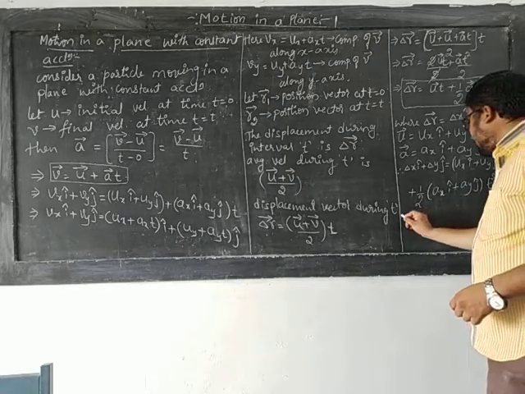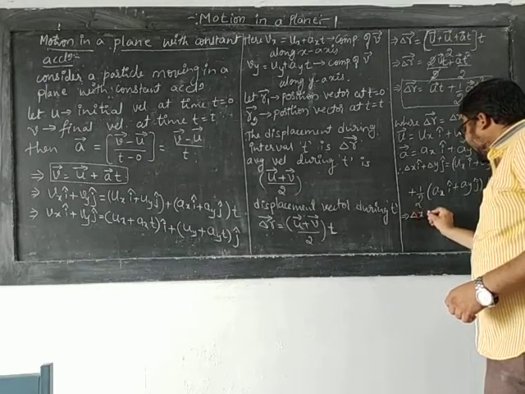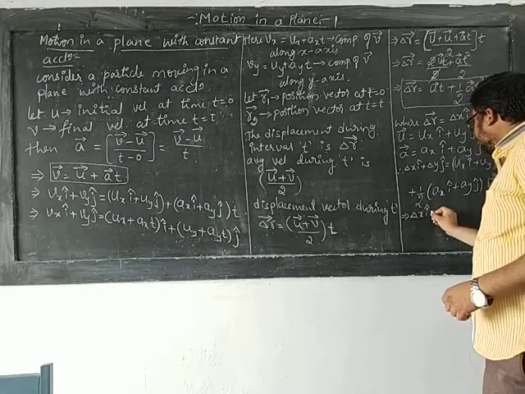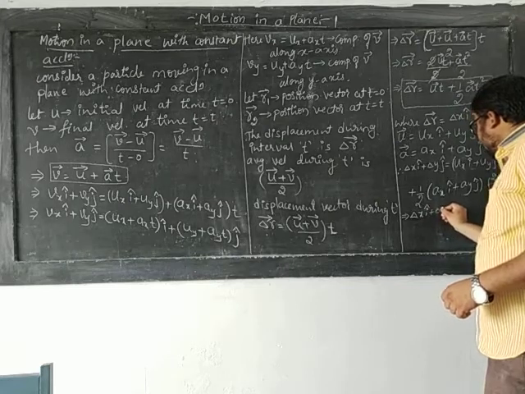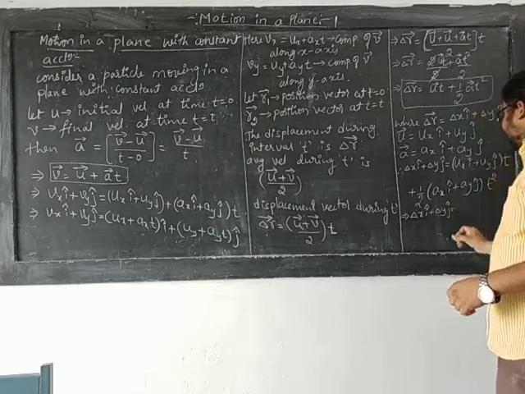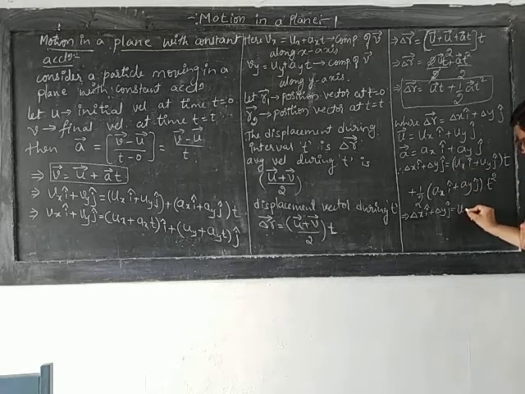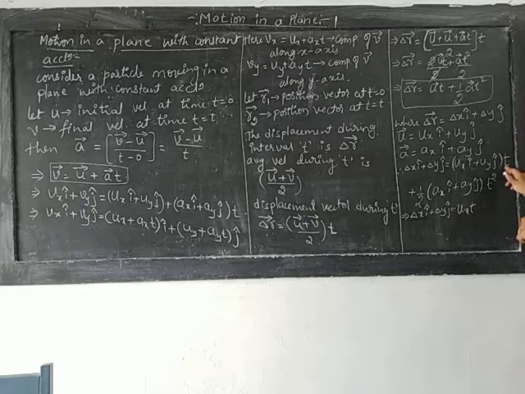That implies delta x i cap plus delta y j cap is equal to, look here, ux into t first.